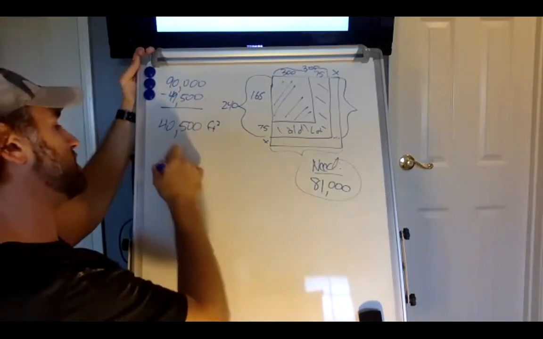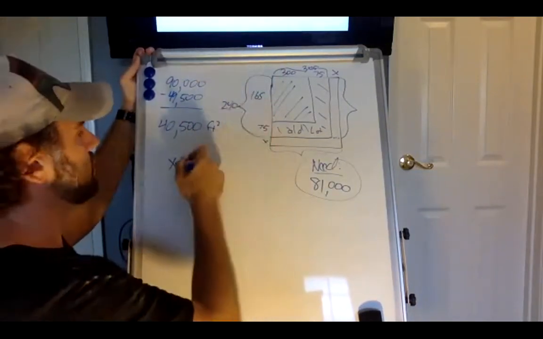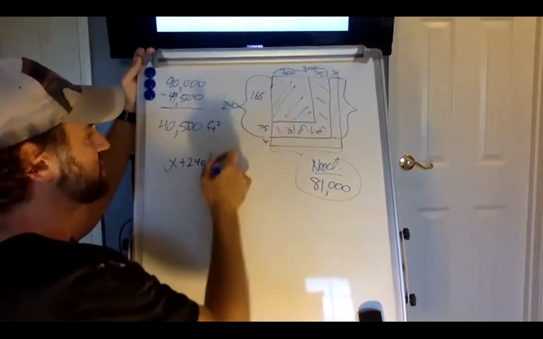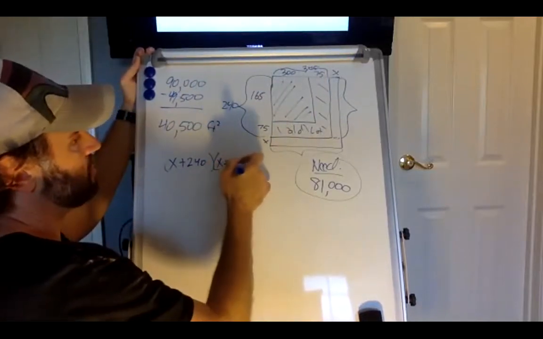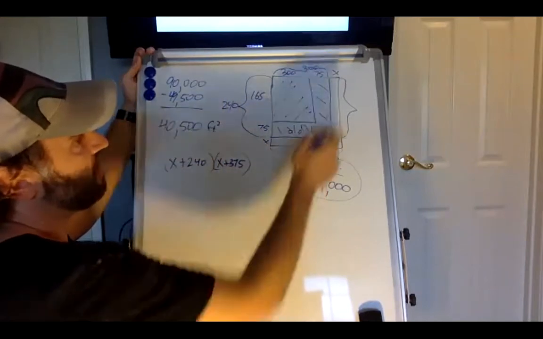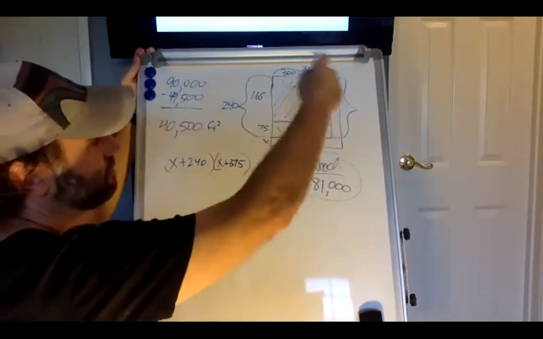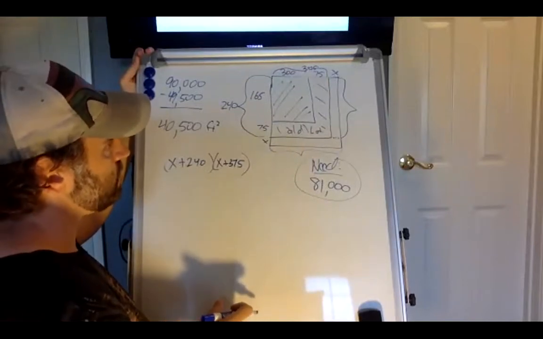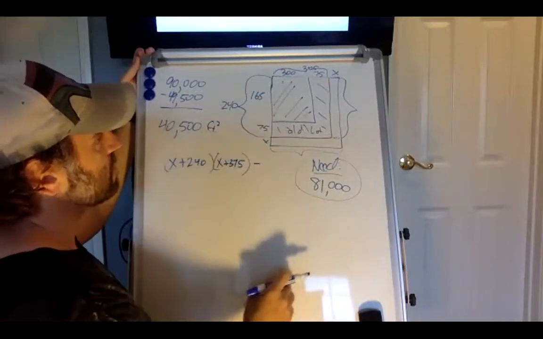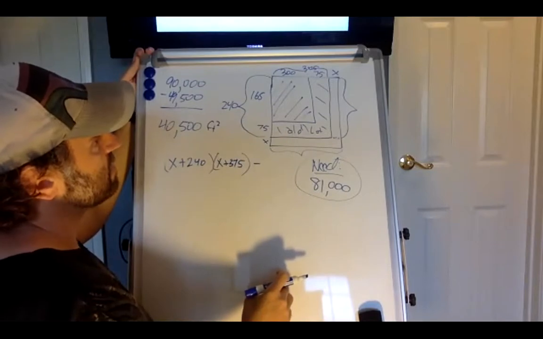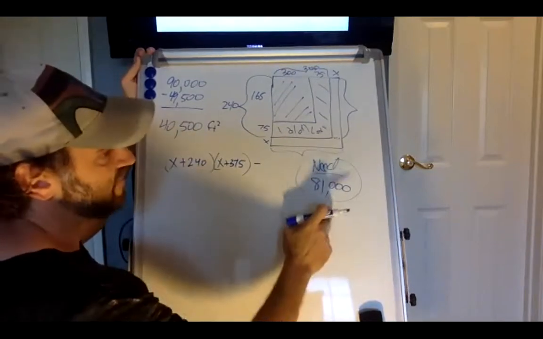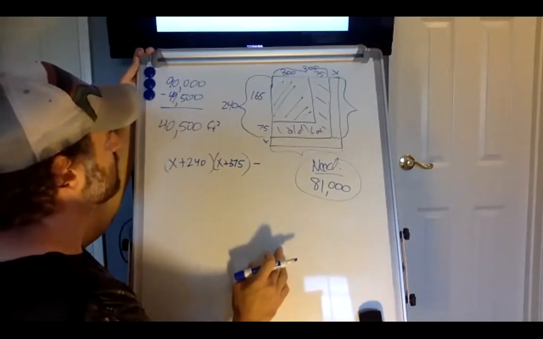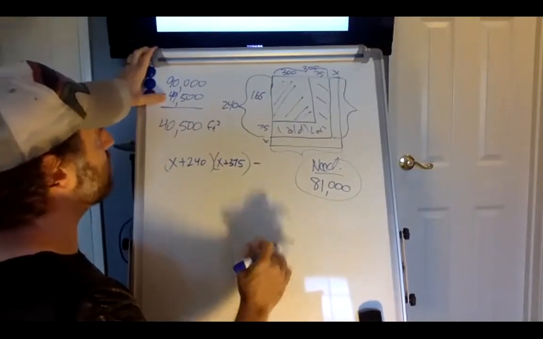So I have x plus 240 times x plus 375 is the area of the whole big rectangle, and we have to subtract the grocery store, right? Because the entire lot needs to have an area of 81,000. What was the area of the grocery store? 49,500, right?